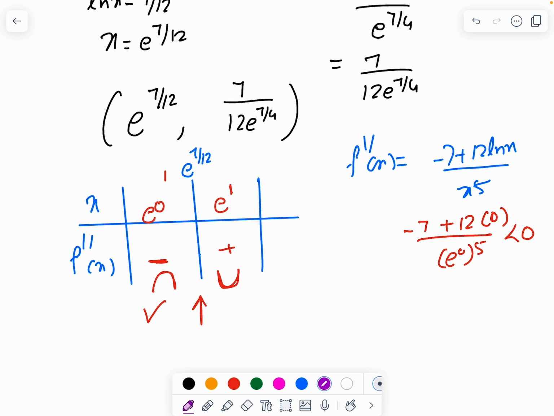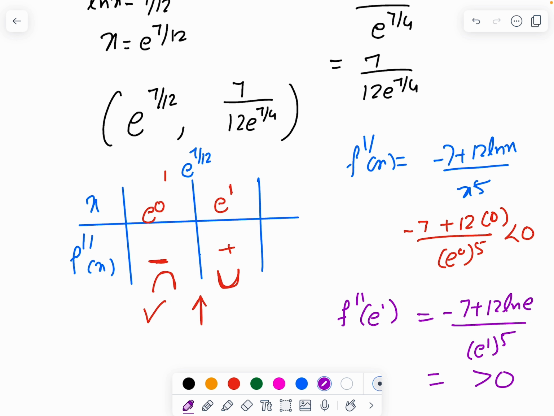Next, if I substitute e^1, f double prime of e^1 becomes (-7 + 12 ln e) divided by (e^1)^5. We can see that it is a positive answer, therefore it is concave up. That is the way.